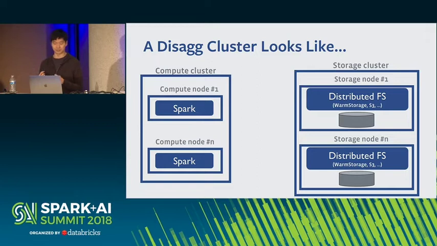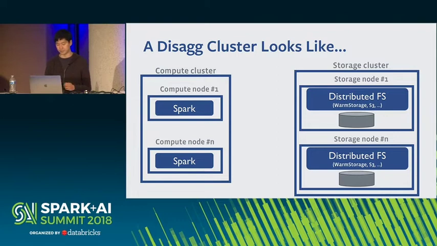You may not have much power in terms of CPU and RAM, but you'll have a lot of storage. In this case, we show spinning disks. And the storage cluster runs a distributed file system. At Facebook, we have a distributed file system called warm storage. But you could imagine this also as something like S3 or a cloud service, where the storage cluster could be something that you don't actually manage by yourself.